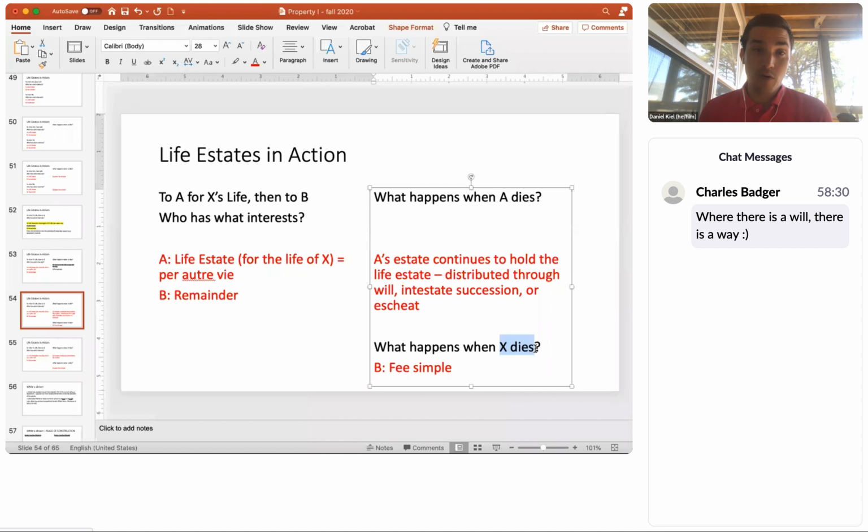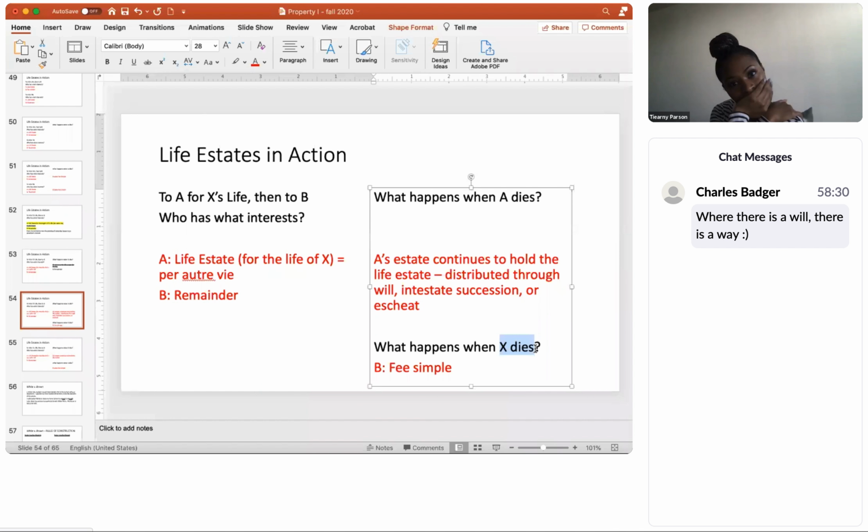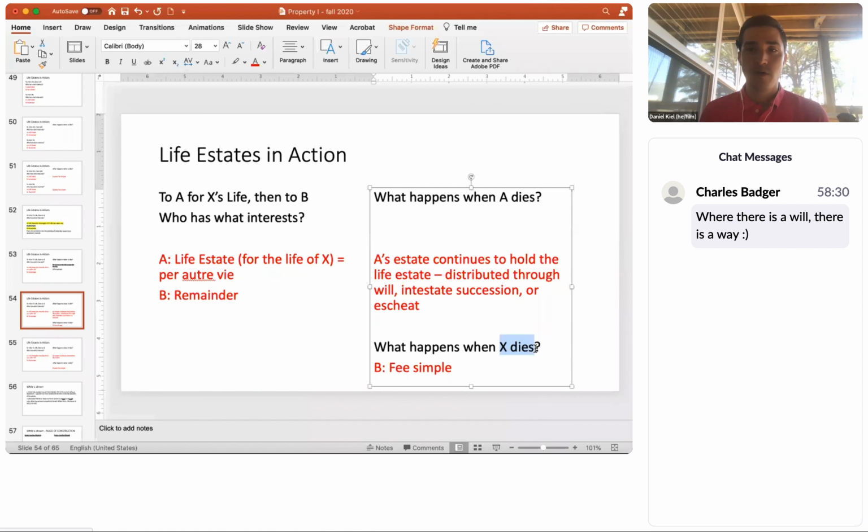So would it make it any better if I just gave names to these people? Daniel gave the property to Tierney for Jaski's life, then to Abby. You're Abby. I just randomly brought you in because you're at the top of my participants list here.